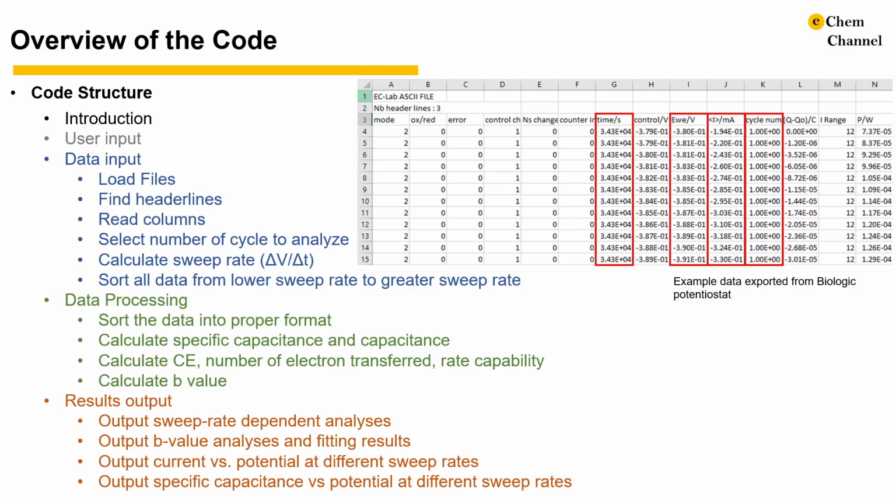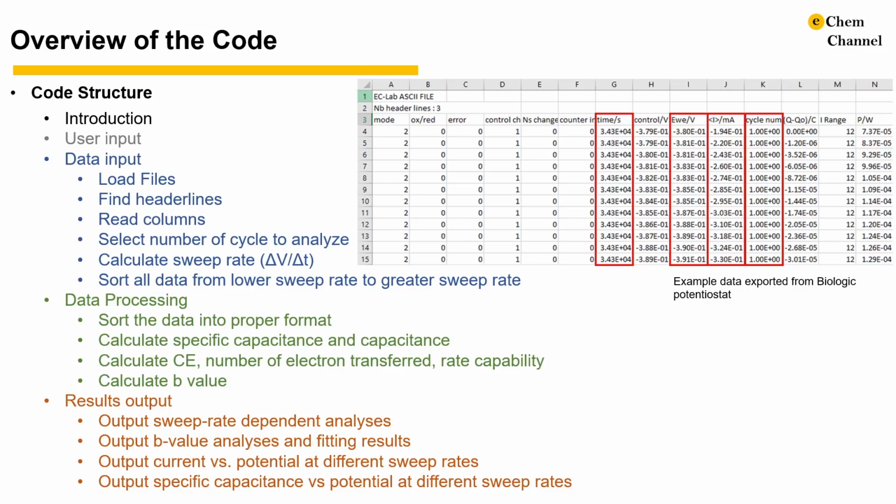I then extract the data from the number of cycles selected by the user and calculate the sweep rate of each text file using the basic definition of dV over dt. Lastly, I sort all data from lower sweep rate to greater sweep rate. I do this because sometimes the file name will mess up the ordering of the data.